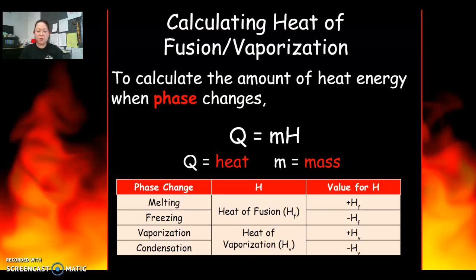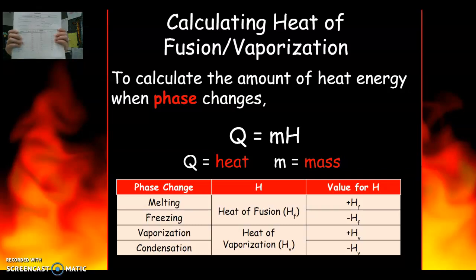We still have M representing mass, but instead of C delta T, we're going to have heat of fusion or vaporization here, represented by a capital H. Now, which one of the capital H's you use depends on what phase change is happening, but also what substance you're looking at. So for us, we're going to be looking at the heat of fusion and heat of vaporization of water.